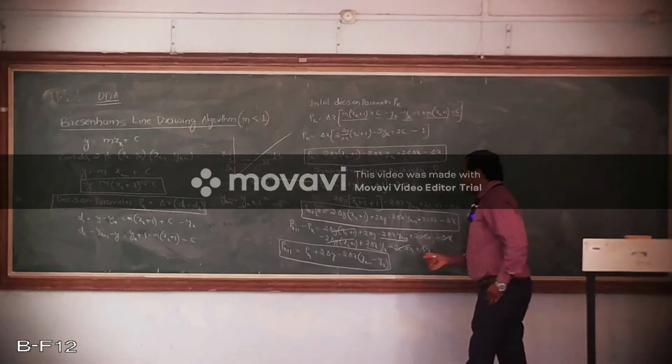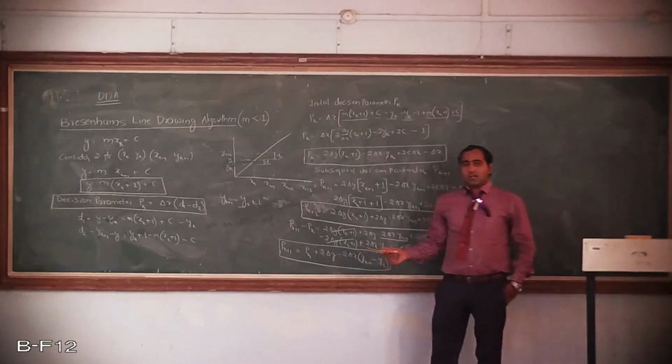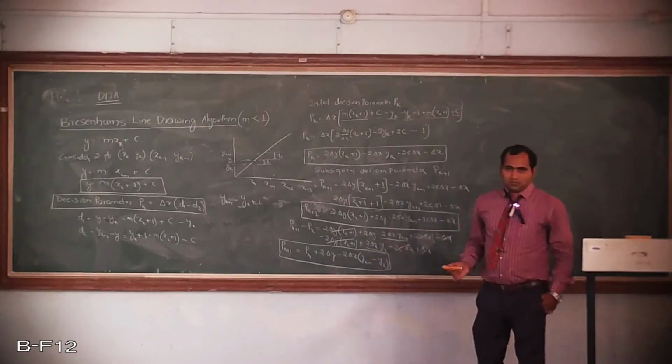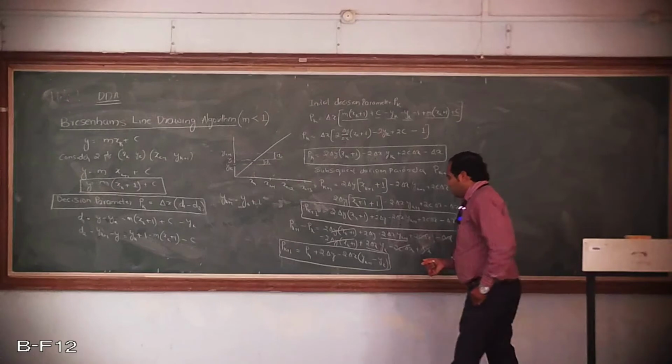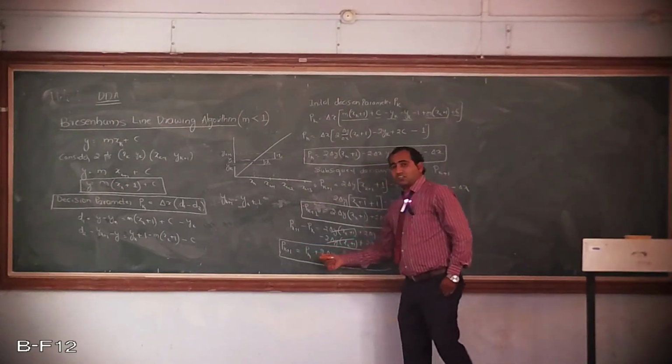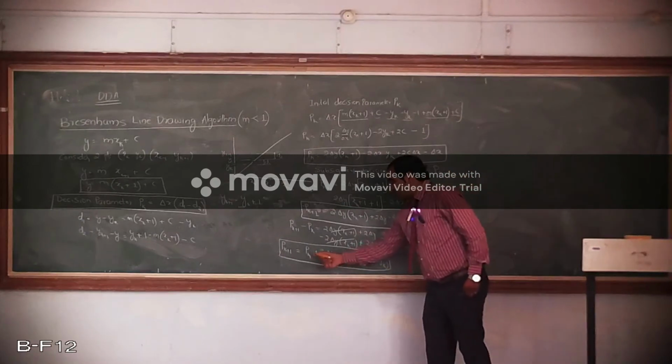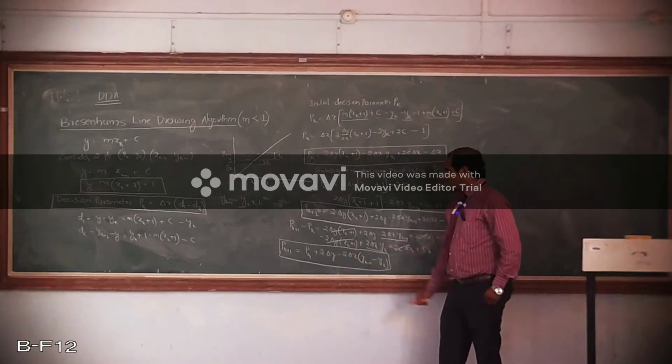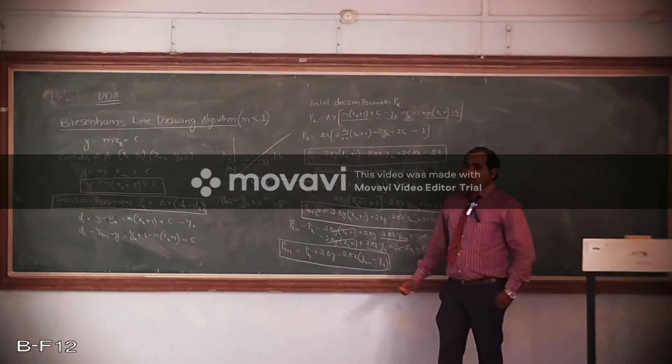We need to remember this formula and use this formula while solving the problems. Now that we have derived the value of subsequent decision parameters, that is pk plus 2 delta y minus 2 delta x into yk plus 1 minus yk.